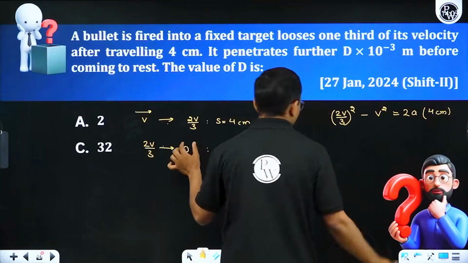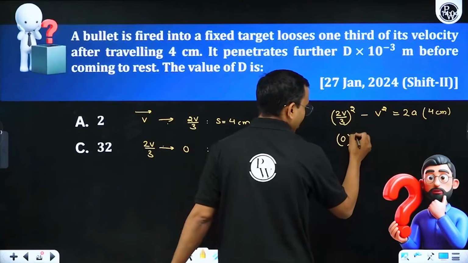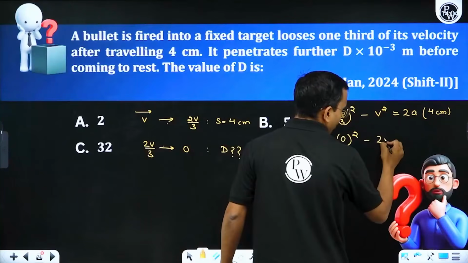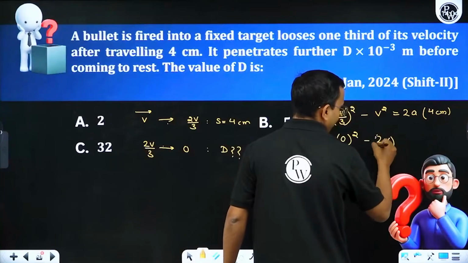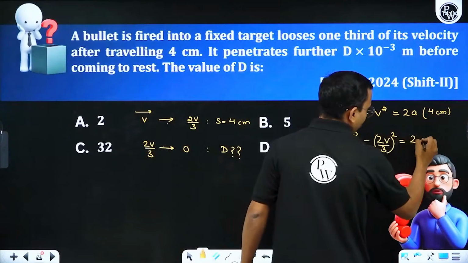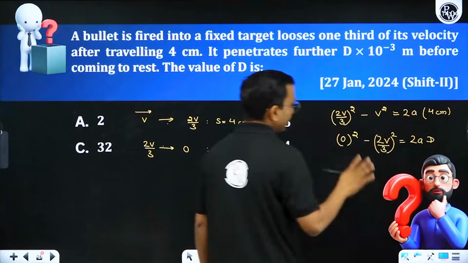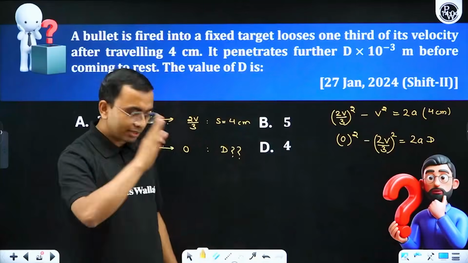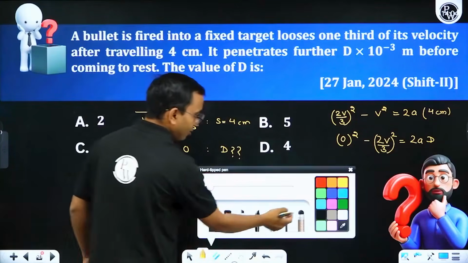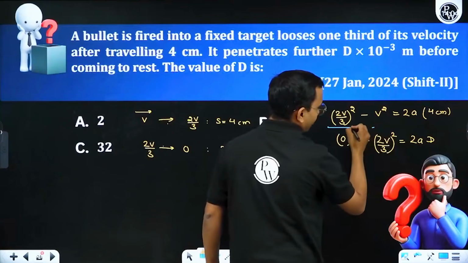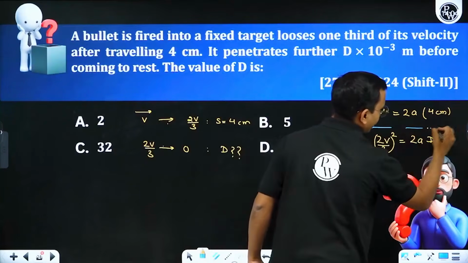Next, it is going from 2v by 3 to 0. So what is final? Final is 0. So 0 square minus initial. What is initial? 2v by 3. So (2v by 3) square is equal to 2a into, let us take here the distance is d. These two equations are here. Let us divide these two equations, both sides.